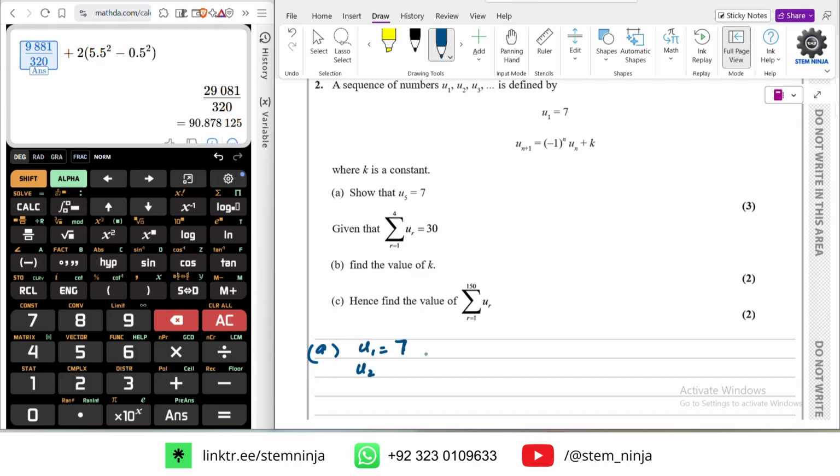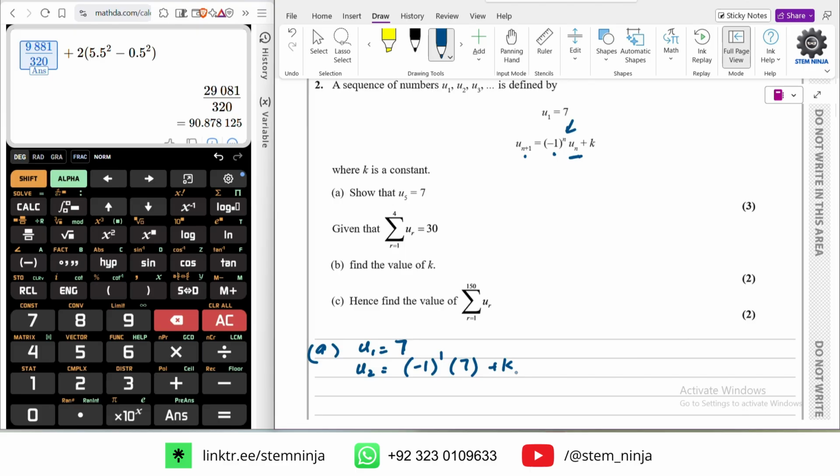So u2 would be, you see, the previous value plus k. So this is n plus 1, so this would be minus 1 to the power 1. Un is 7.